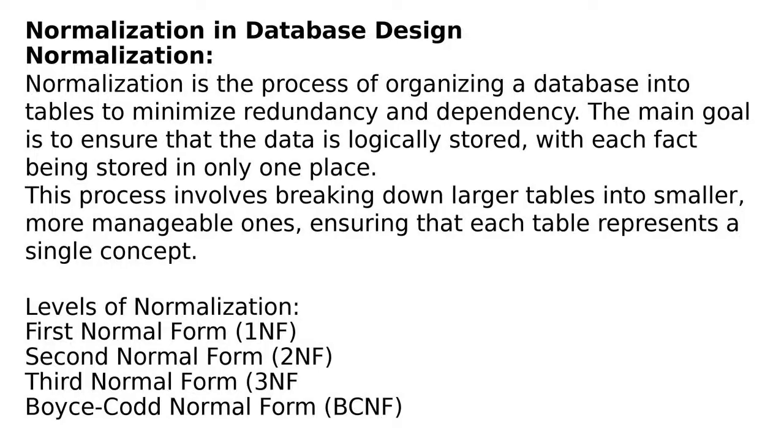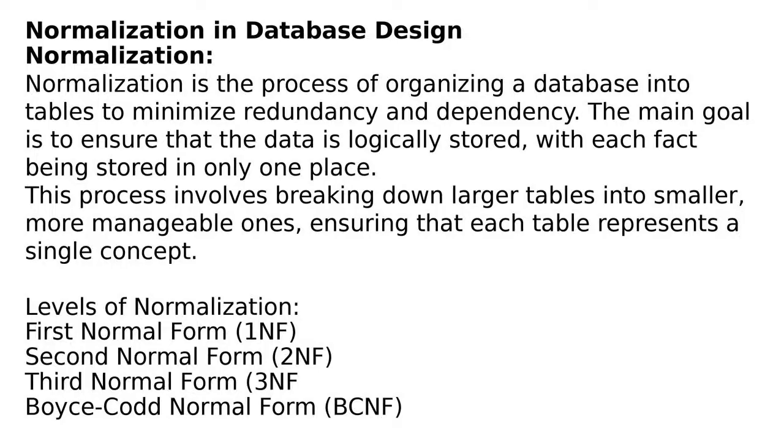We say that normalization is the process of organizing a database into tables to minimize redundancy and dependency. The main goal is to ensure that the data is logically stored, with each fact being stored in only one place. Only one place. You don't want it to repeat here and repeat here and repeat here.